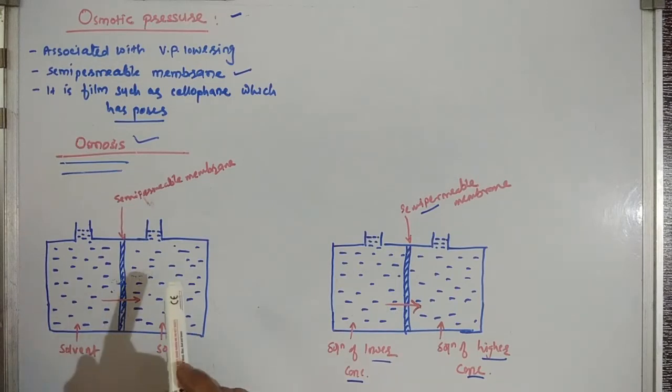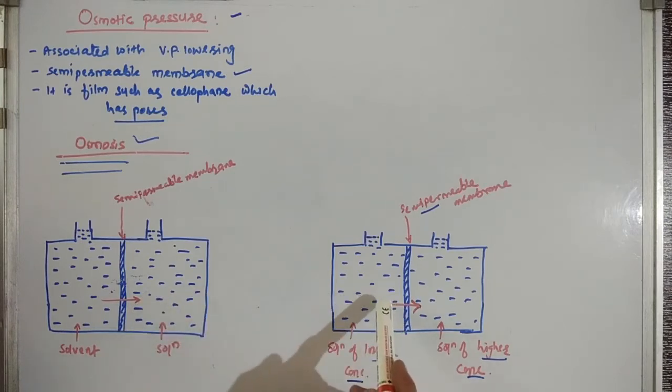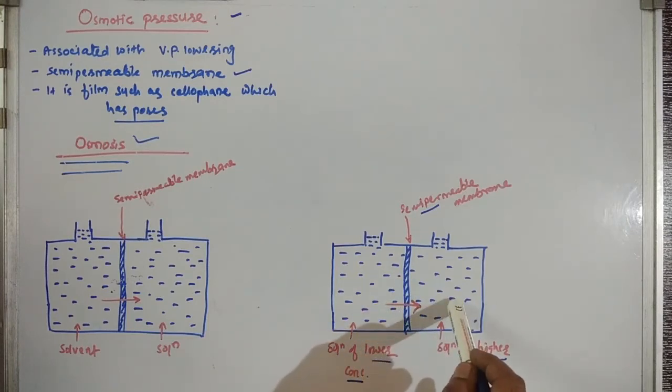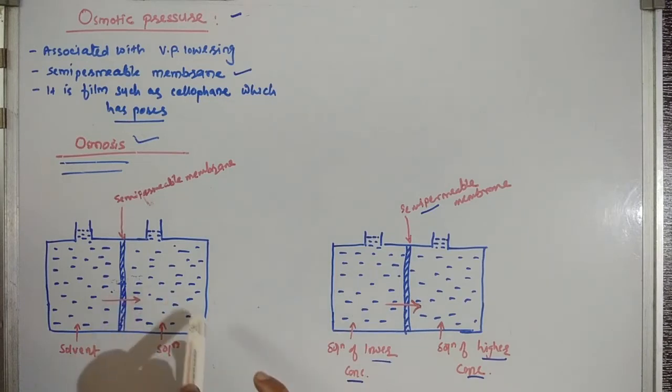Osmosis is defined as the net spontaneous flow of the solvent molecules into the solution, or from the more dilute or lower concentrated solution towards the more concentrated solution, through the semi-permeable membrane. This is called the osmosis process.